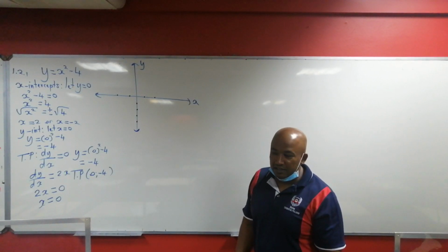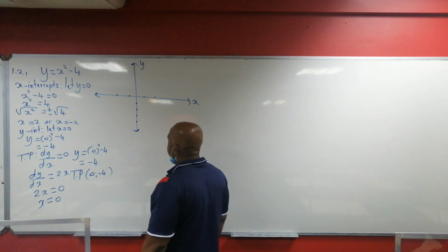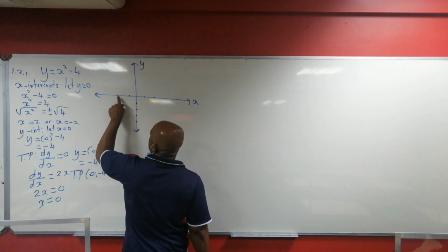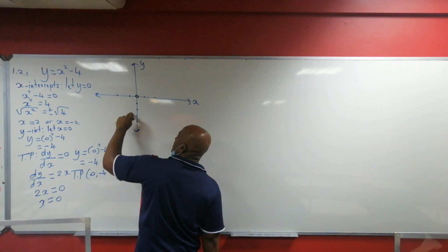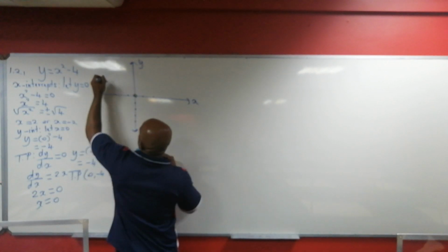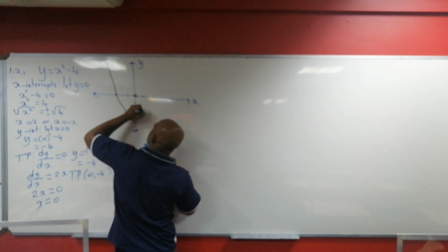We can draw this one. It's not large values, so you can use your ruler for this one. So there's your -2 here, -1, -2. This is 0. 1, 2. This is -1, -2, -3, -4. So all you do is sketch your parabola. There it is coming down.